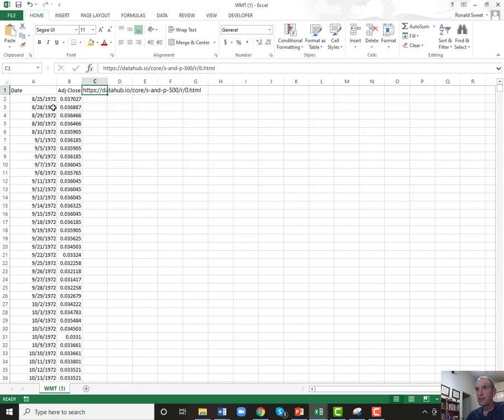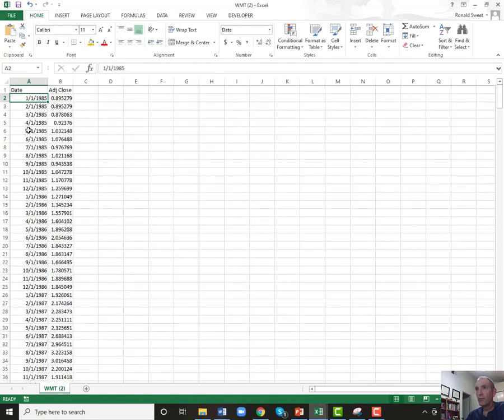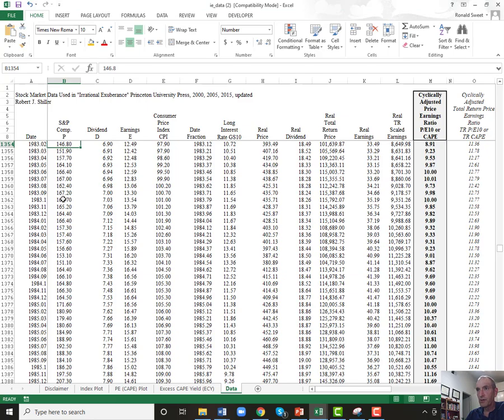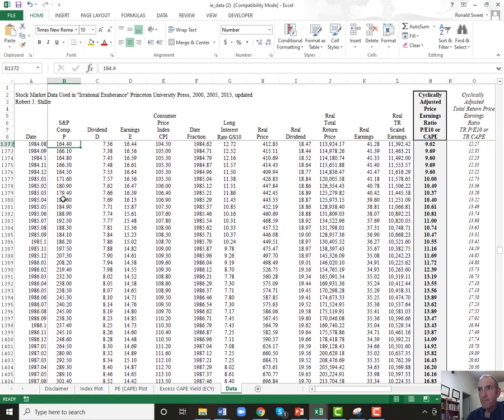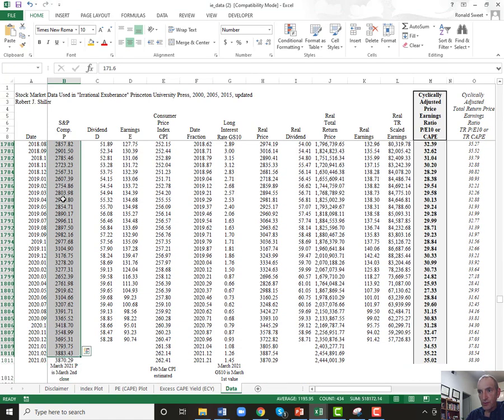So if we're going to do Walmart back to 1985, I'm going to use the Robert Shiller data and go back to January 1985. There it is right there. And he goes through, we'll go through to February 2021.